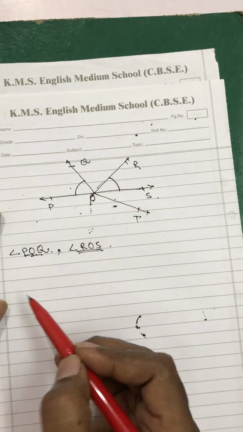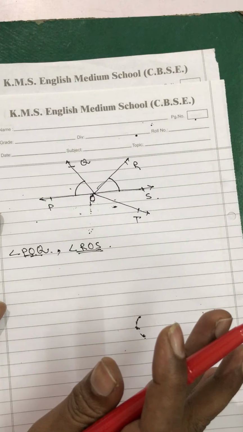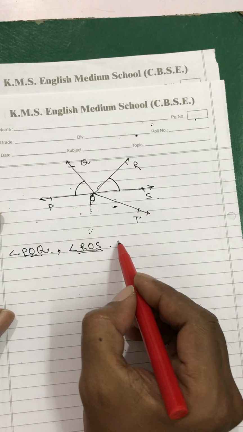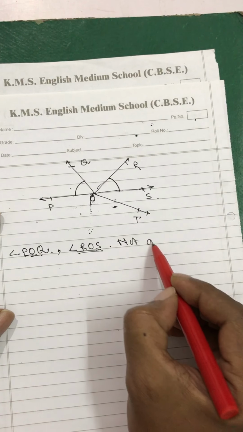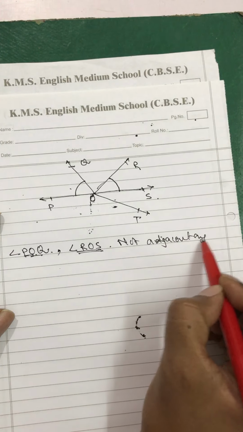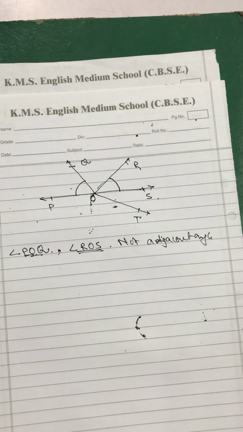Is there a gap in between? Yes. Whenever there is an overlapping or a gap, that means they are not adjacent angles. I cannot claim them as adjacent angles, and that's why the property of adjacent angles will not be applicable over here. Let's go to the next topic.